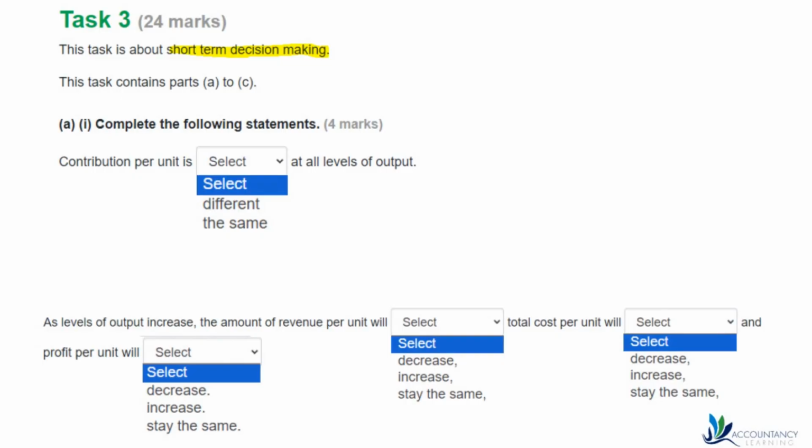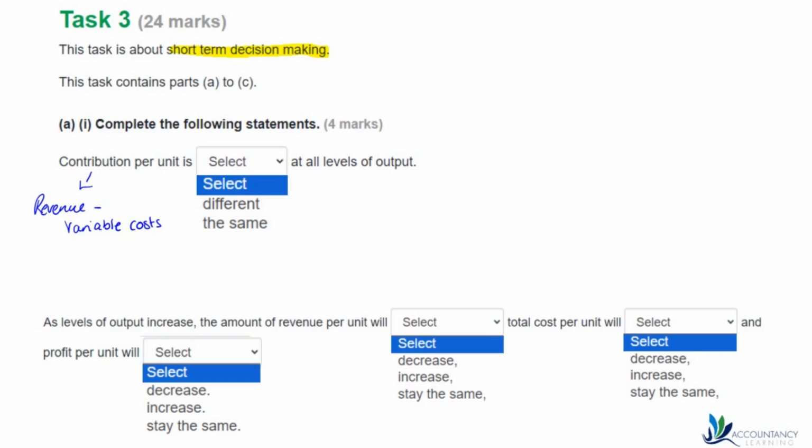Complete the following statement. Contribution per unit is, and we've got to choose from different or the same, at all levels of output. So contribution is our revenue minus our variable costs, and that gives us our contribution per unit.